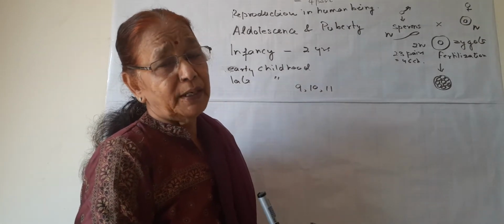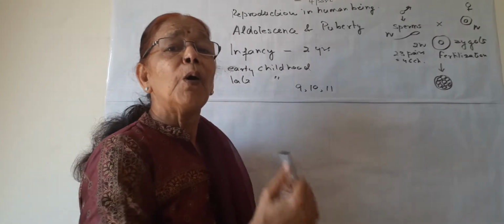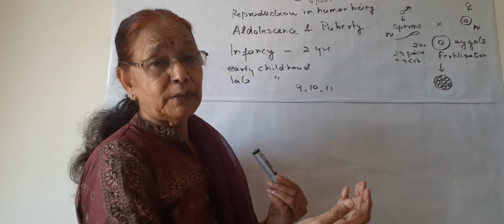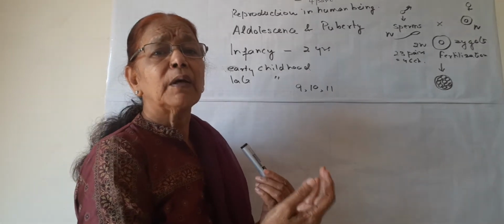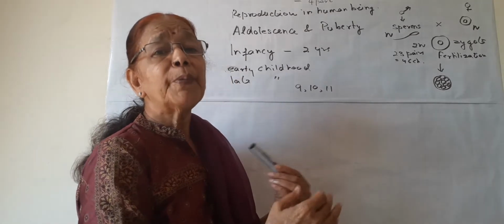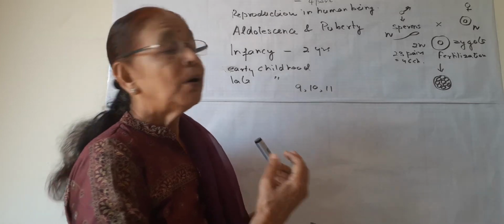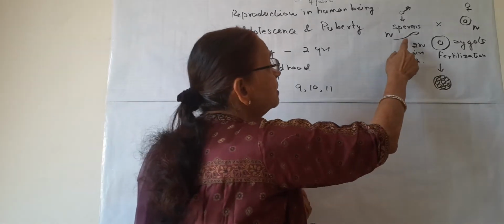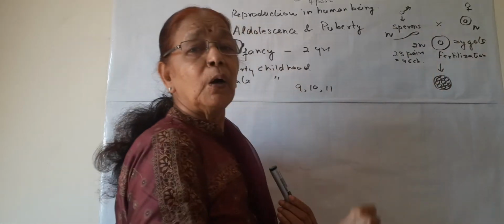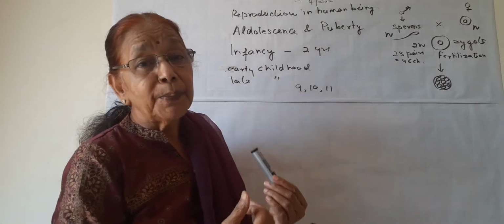Now what is puberty? Puberty is changes in the boy or girl for sexual maturation. So a boy or a girl matures sexually or reproductively for doing the reproductive act. So now it can produce sperms and eggs on both sides once the sexual maturation is completed.